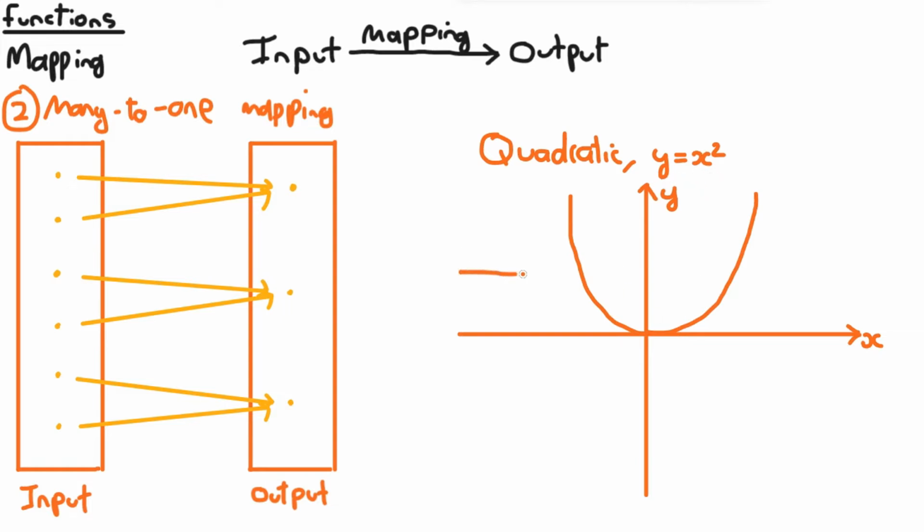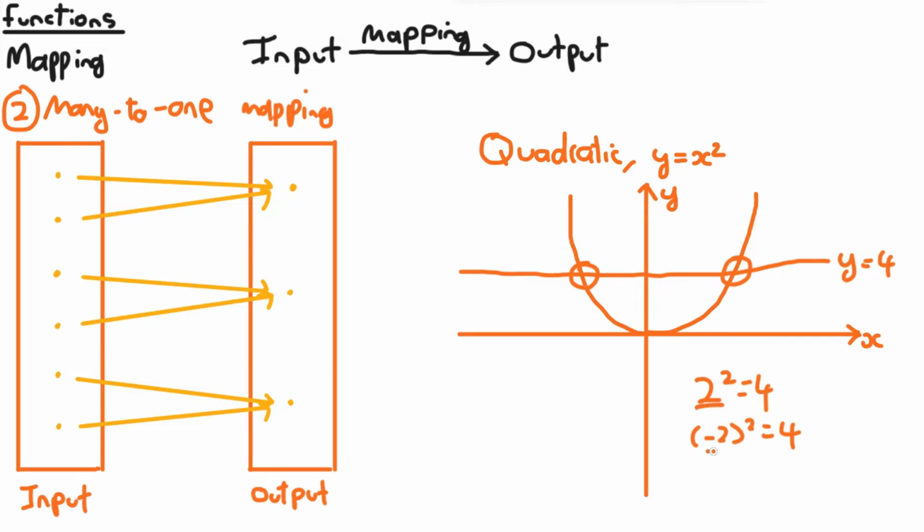If we put a line here and say this is when y is equal to 4, we can see that there are 2 x values, 2 points of intersection, that give out y is equal to 4, and this is because 2 squared is equal to 4, but also minus 2 squared is equal to 4. So this is an example of a many-to-one mapping, where 2 x values can give out the same y value.